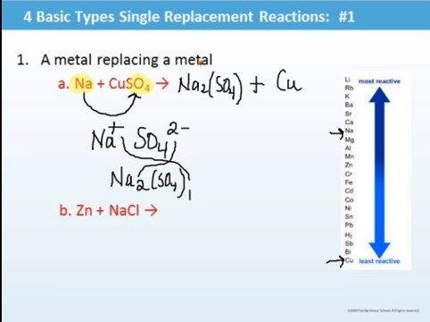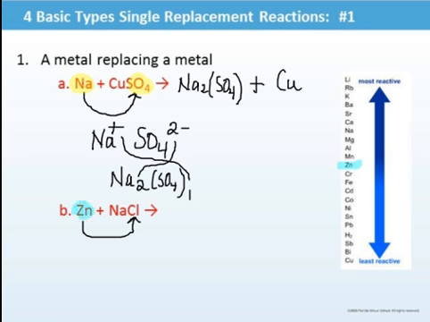Now what we do is we see zinc is going to try to come along and form a bond with chlorine. So we have to look up zinc on the activity series. Let's go ahead and highlight zinc. Zinc is right here.